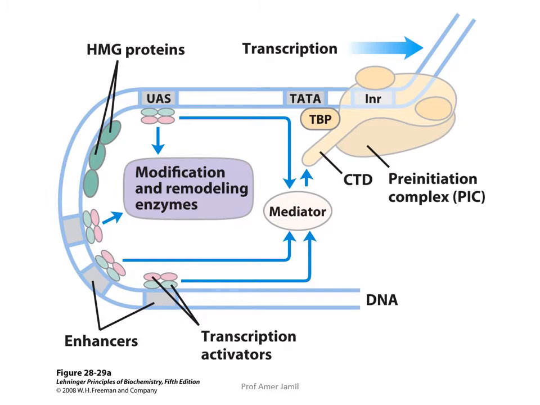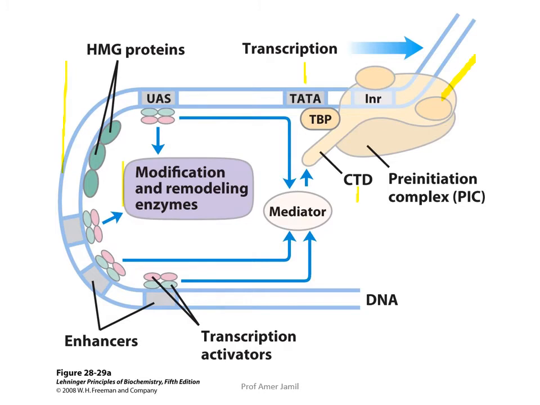Here is the overall picture. This is the TATA box at the promoter region, and the RNA polymerase along with its transcription factors will bind here. This is the CTD of RNA polymerase II, which is phosphorylated. But before that, certain other proteins such as HMG proteins and modification and remodeling enzymes are required.